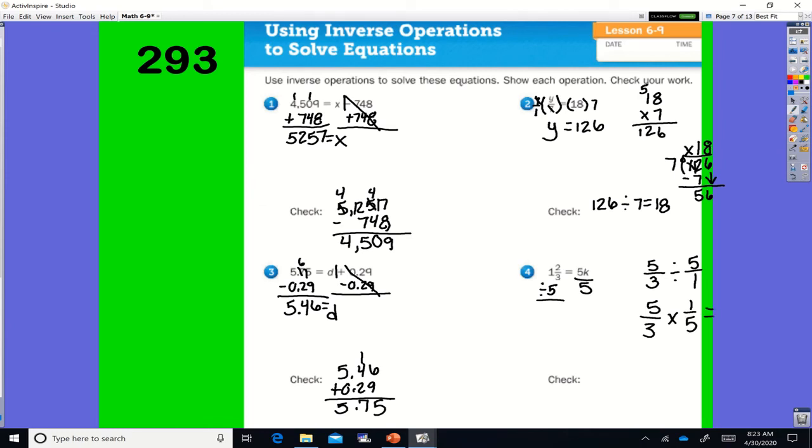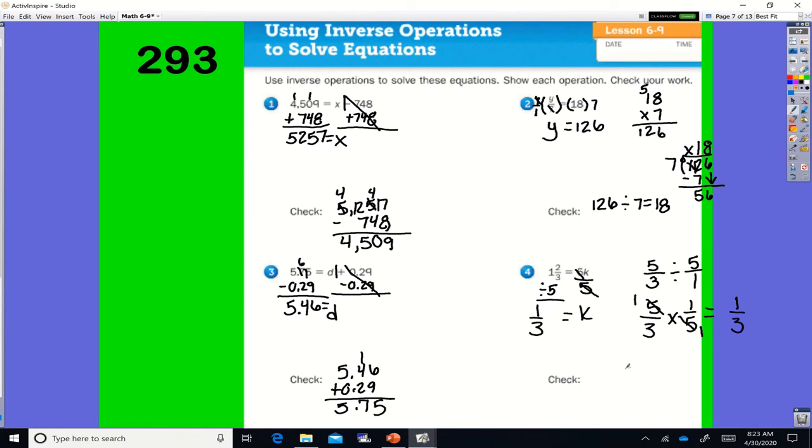Now something cool that I always do is I always look across, and I might say, okay, is there any number that can go into 3 and 1? Well, 1's here, so it's going to stay the same. 5 and 5, I know 5 can go into that, so this becomes a 1, and this becomes a 1. That gives us 1/3. So k equals 1/3.